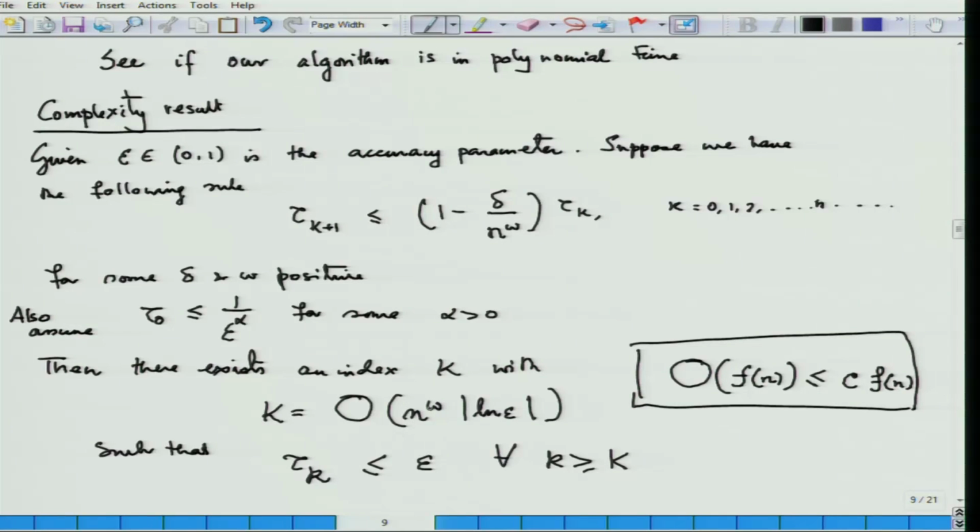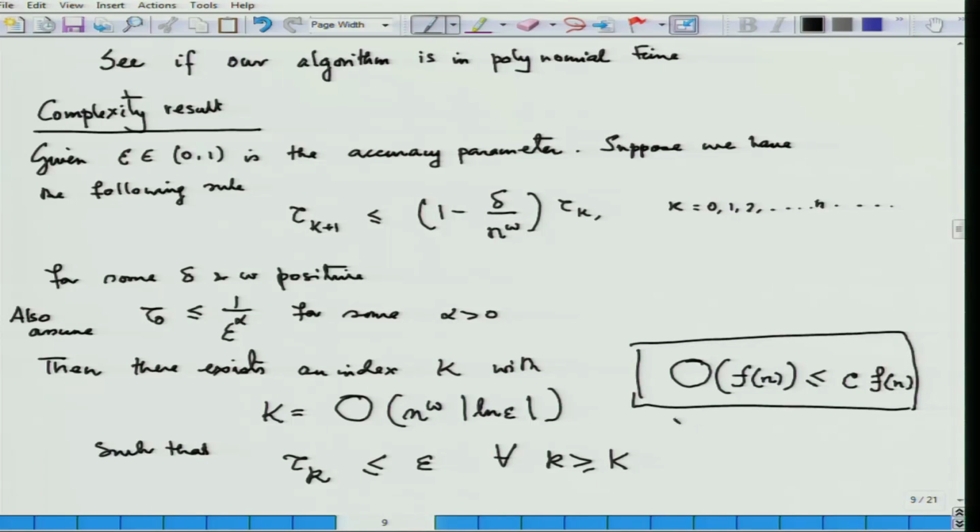And you see n to the power omega. So, omega is some positive number and n is obviously natural number. So, this is actually a polynomial in n. So, if I know n and if I fix my accuracy constant, I can put this and I can tell you that within these steps say some.